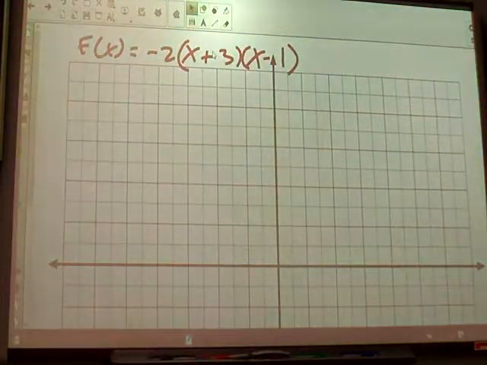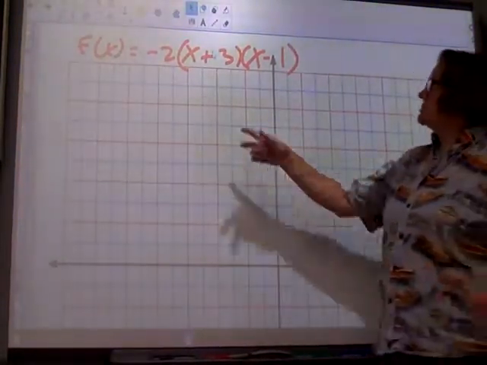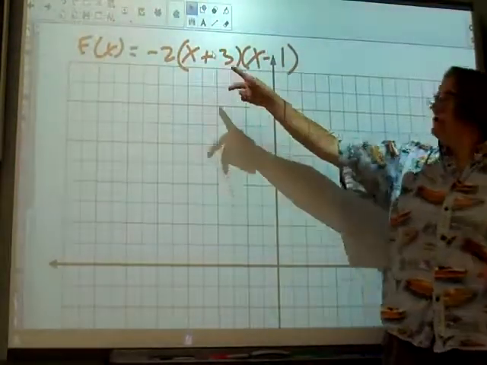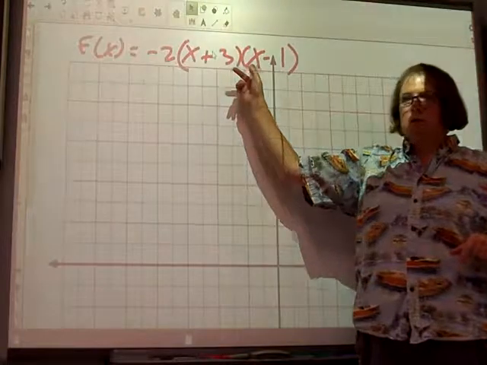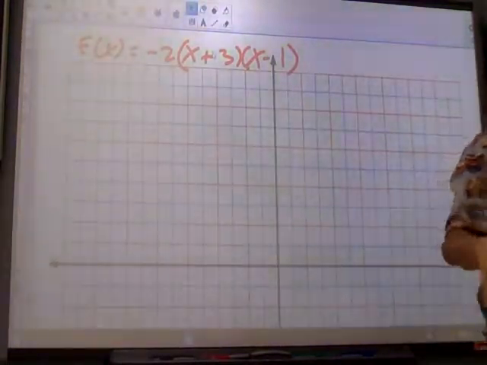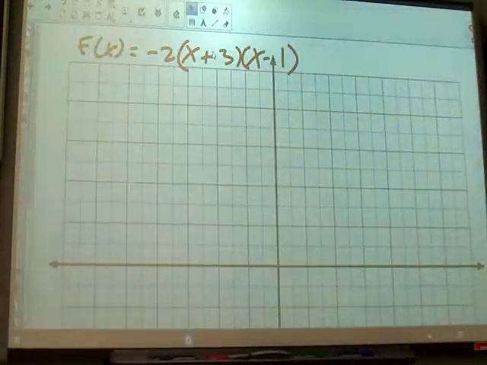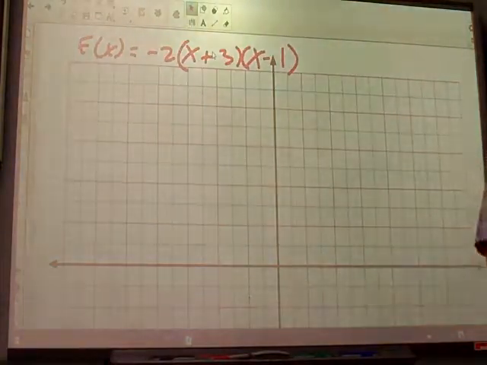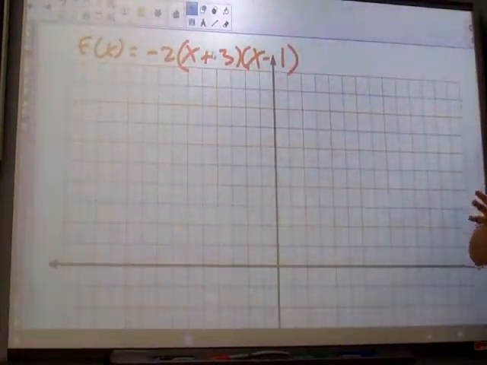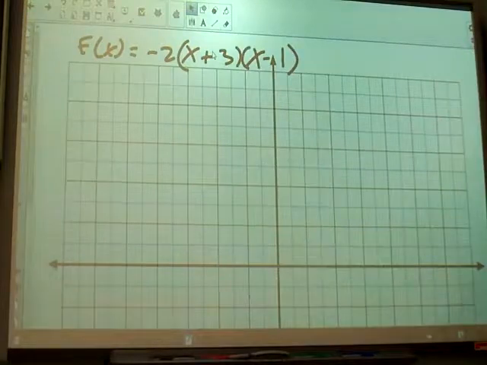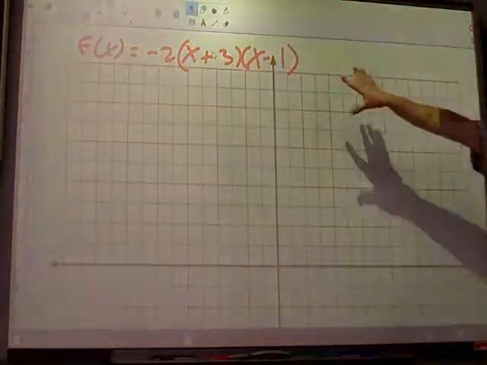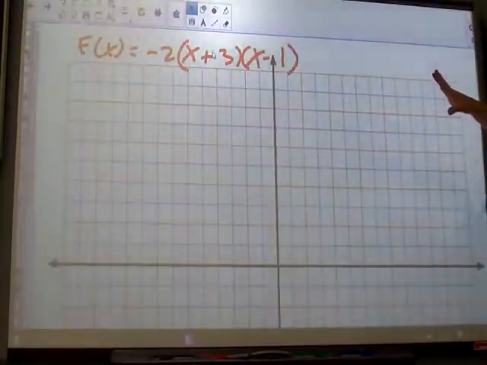It's very good. If I were to go back and start multiplying this thing out, what's an x times an x? An x squared. So I do have a squared, it's just in disguise. So it still is a quadratic. I don't want to multiply it out, because then it will be in standard form, and then I have to use that shortcut. I can graph it easier with the stuff it's given me.